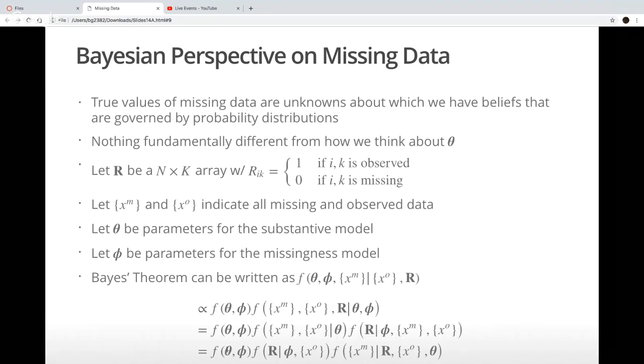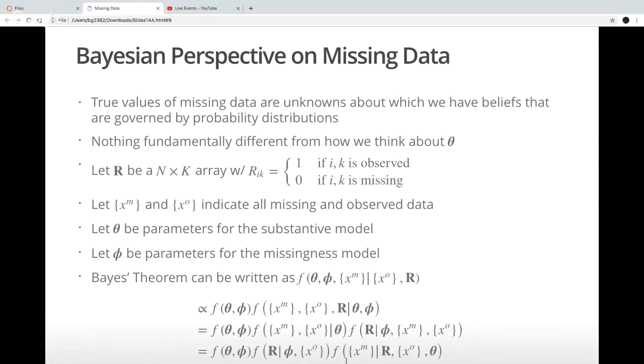The prior contribution, R, which is basically a sequence of Bernoullis for what gets observed and what's missing, and then the conditional distribution of the missing values given that it's missing, and the observed values and theta.